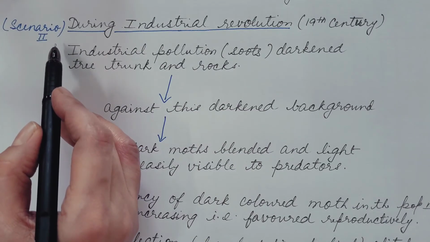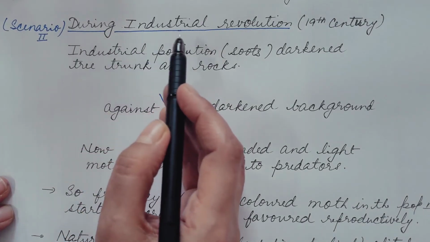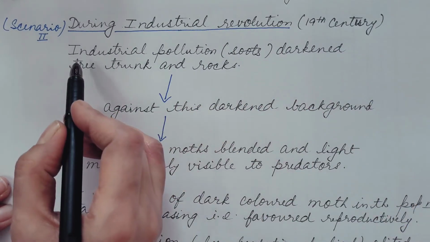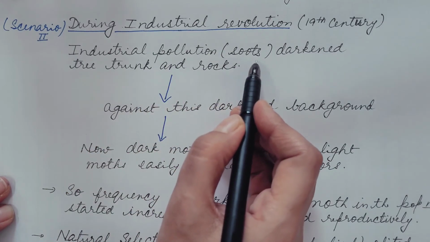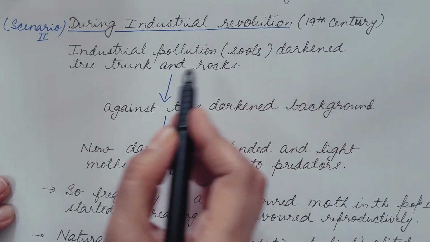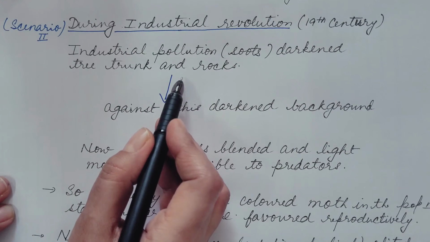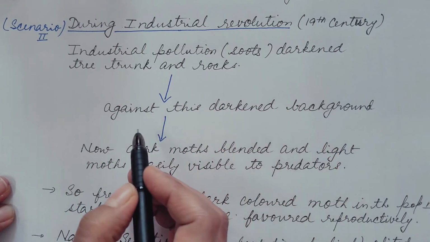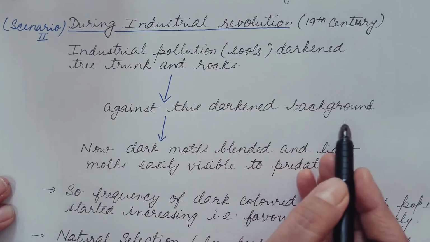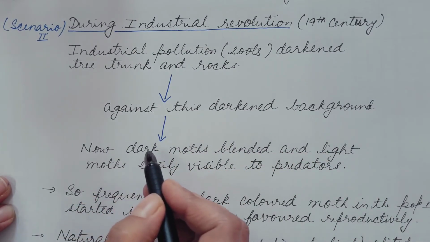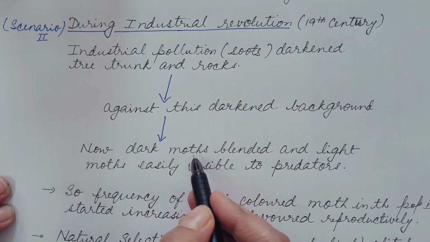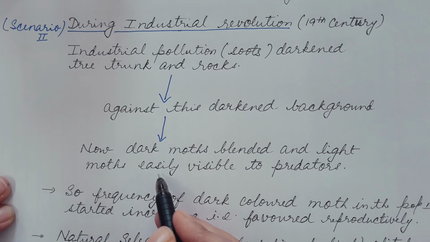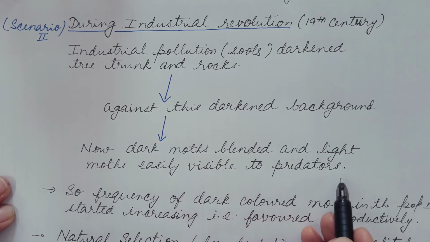Now, the second scenario. During the Industrial Revolution in Europe, in the 19th century, industrial pollution soot darkened the tree trunks and rocks because the soot covered their surface. Against this darkened background, dark colored moths now blended and light moths were easily visible to predators.